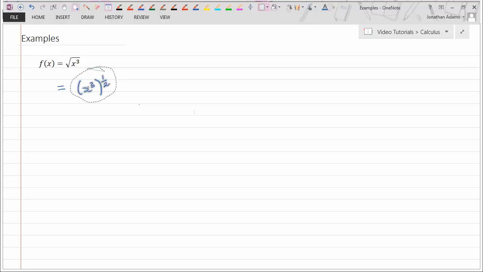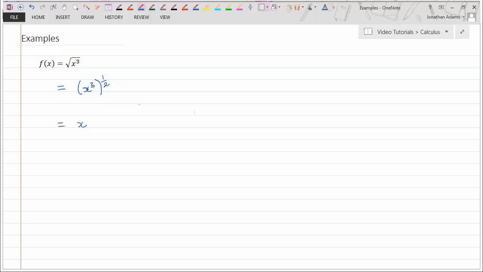So if we write this like this, we can then use another index law. When I've got an x cubed, all raised to the power of 1/2, I can deal with this double power by just multiplying the powers together.